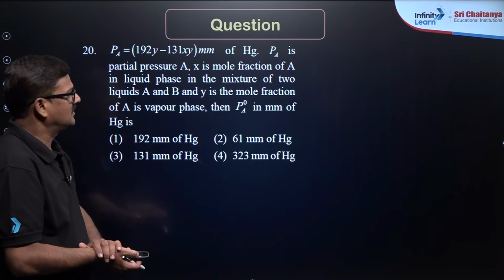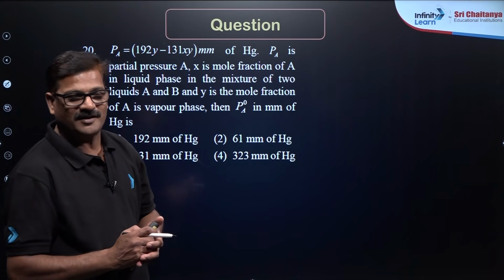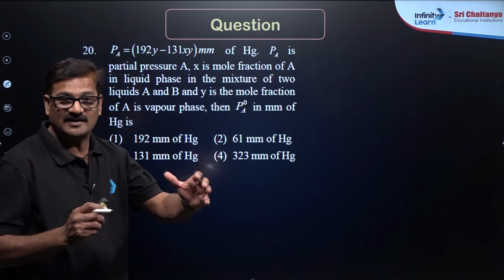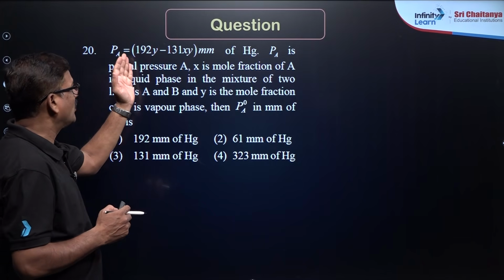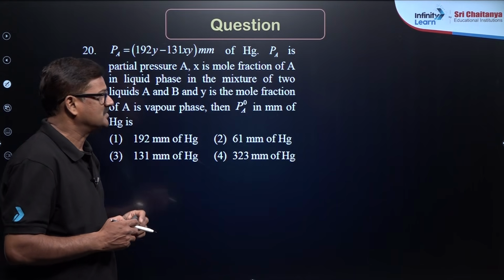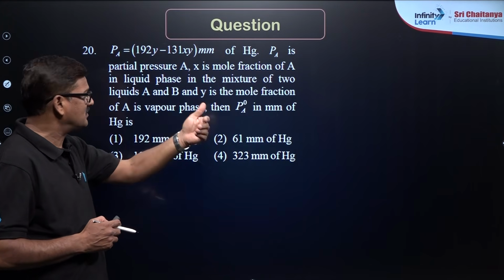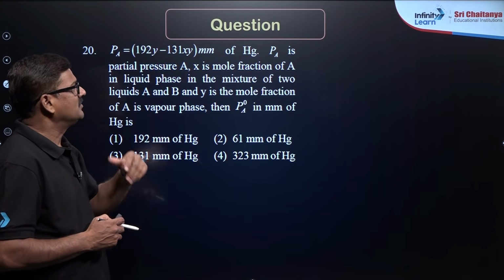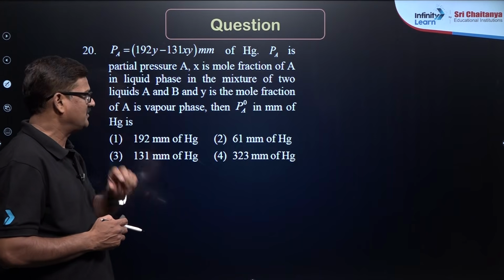Students, here is a little logic oriented question on solutions, colligative properties, vapor pressure in the vapor phase. PA is given as 192Y minus 131XY mm of Hg. PA is the partial pressure of A, X is the mole fraction of A in the liquid phase in the mixture of two liquids A and B, and Y is the mole fraction of A in the vapor phase.